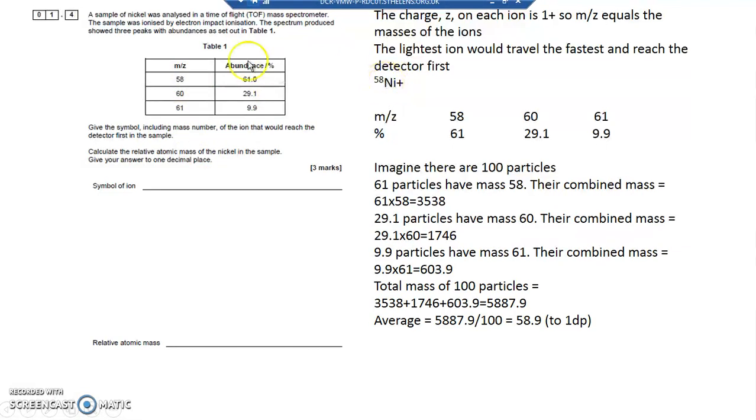It's got a mass of 58, it's Ni, it's nickel, it's 1+ because it's an ion, because it's been bombarded with high energy electrons from an electron gun so that it can be accelerated down the mass spectrometer tube, and also so that when it's 1+ and it hits the detector at the end and receives an electron back to turn the ion back into an atom, it will generate a current. The larger the current, the larger the abundance, the amount that I have.